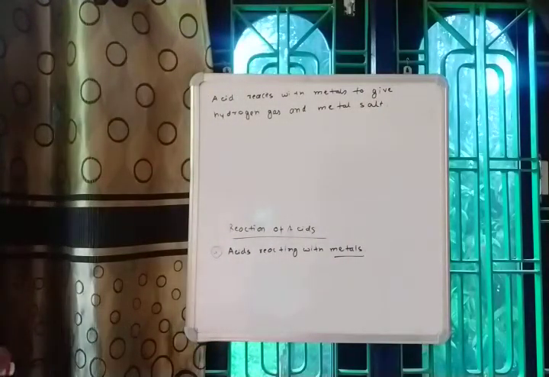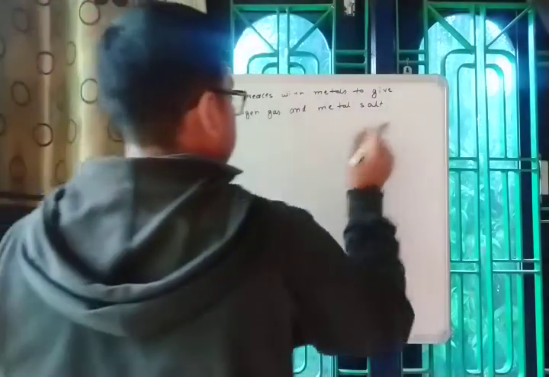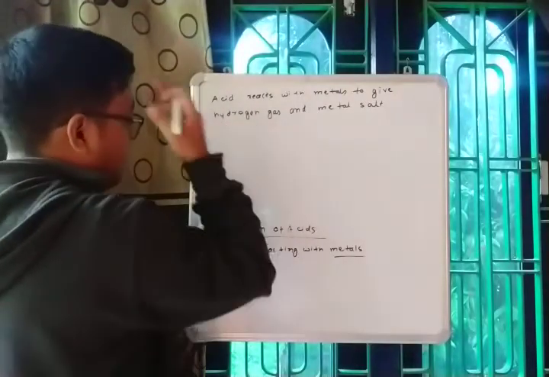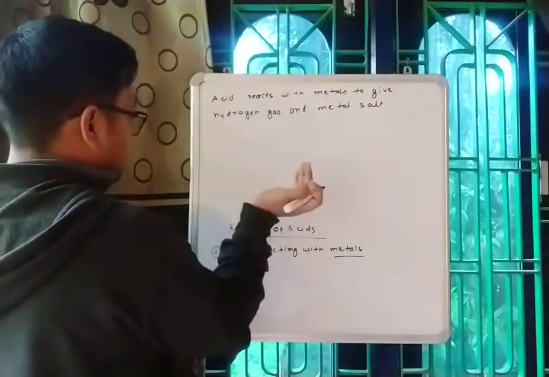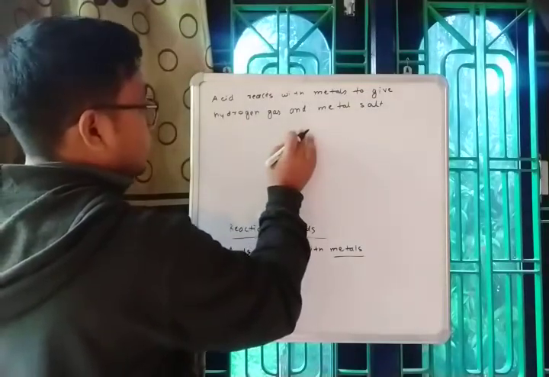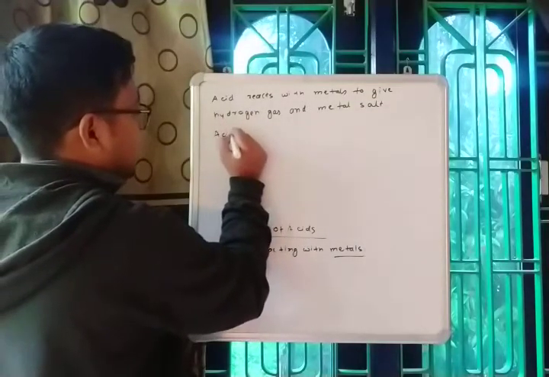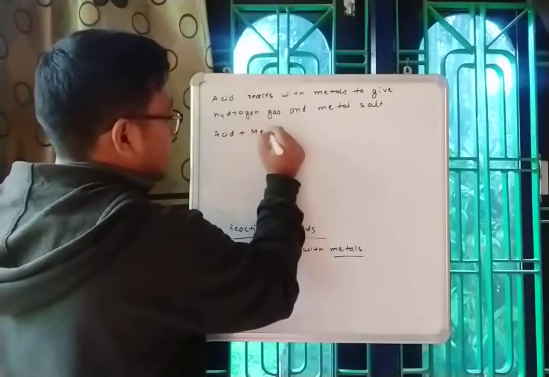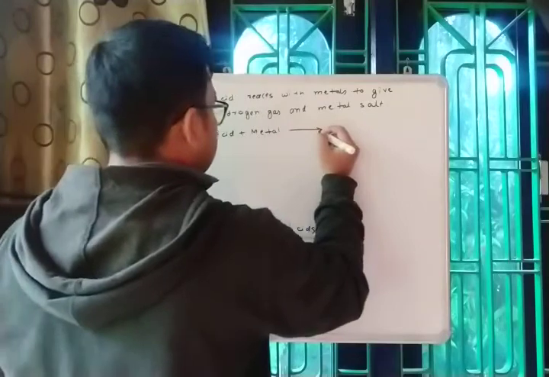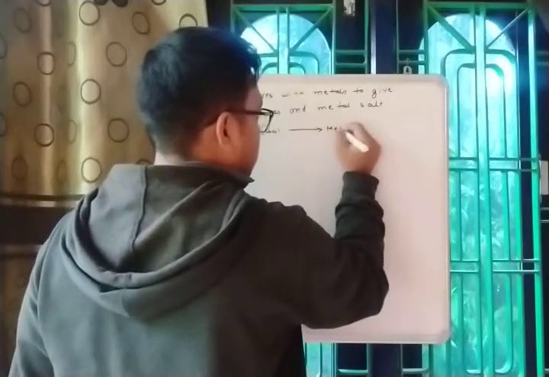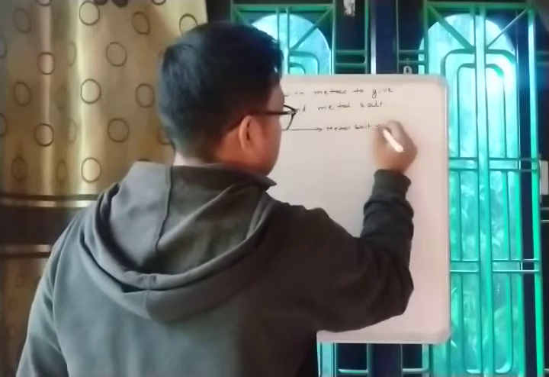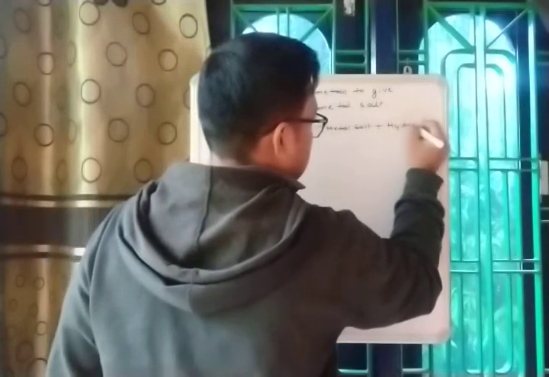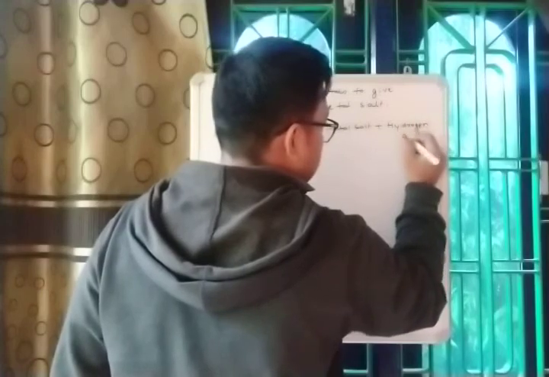Acid reacts with metal to give hydrogen gas and metal salt. This can be summarized by a reaction which you can write like: acid plus metal gives metal salt plus hydrogen gas. So this is a generalized equation. You just write it down like this.